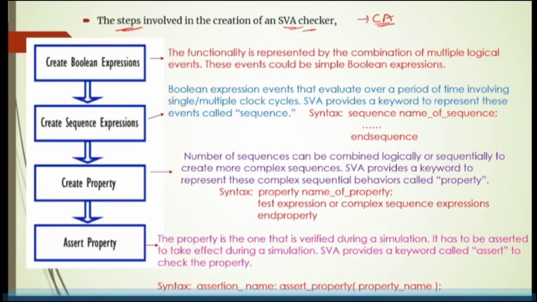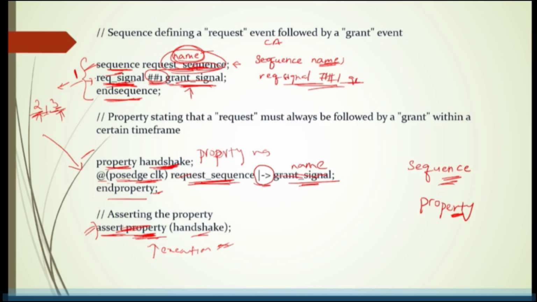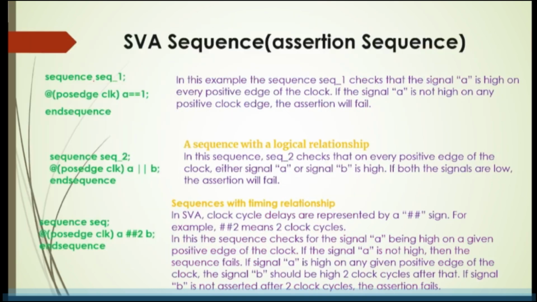Here I am explaining the steps of how we are going to write a concurrent assertion. First you will be creating the boolean expression. A boolean expression is nothing but, for example, if you see here, at the rate of passage of clock a equal to 1, so this is my boolean expression.